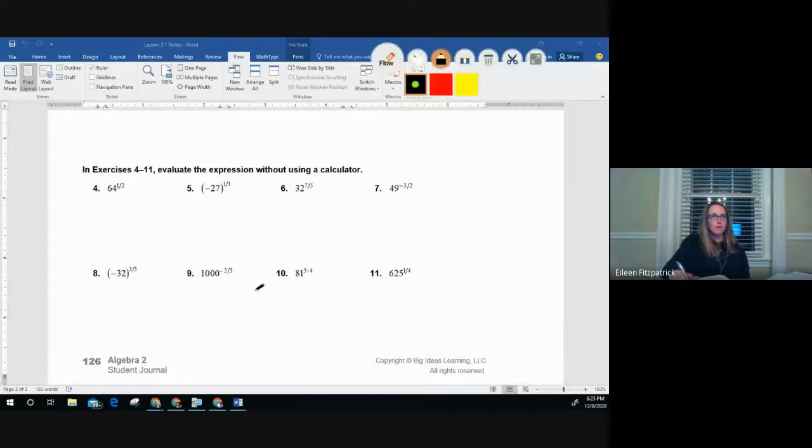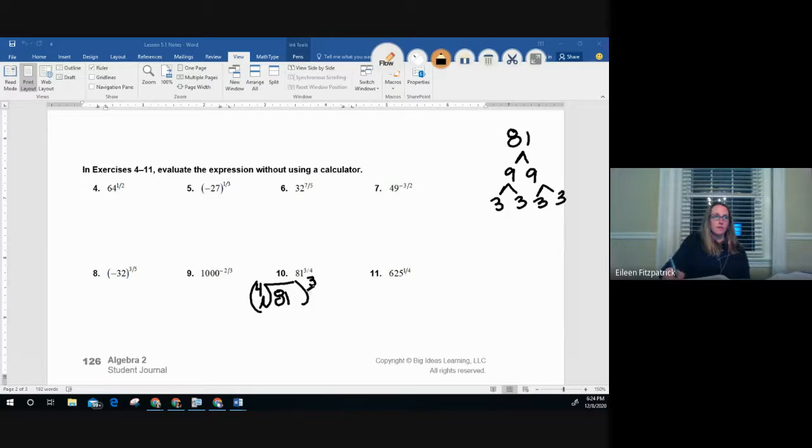Number 10, the fourth root of 81 cubed. What number multiplied 4 times is equal to 81? If you're not sure, guys, you can always do a factor tree. If you're not sure how I'm getting these values so quickly, you can do a factor tree and break it down into the primes. That's always a good idea. So 3 four times.